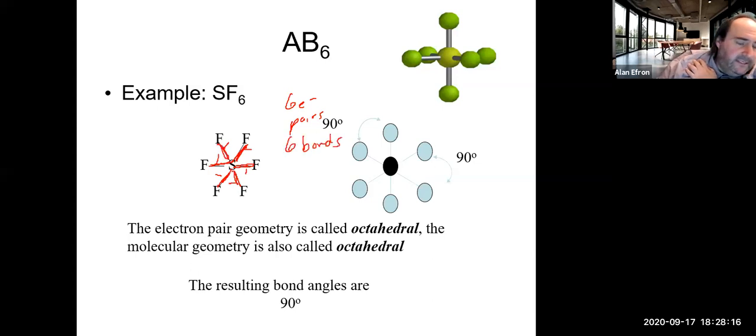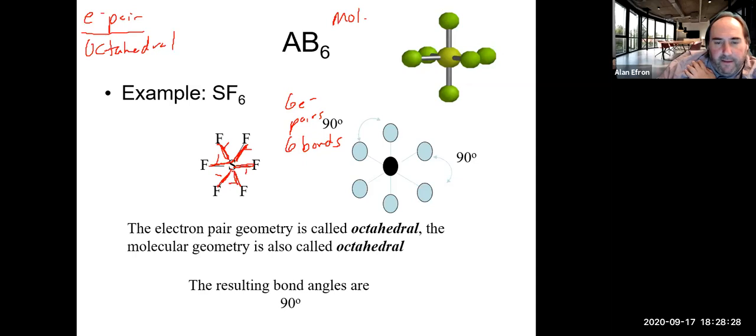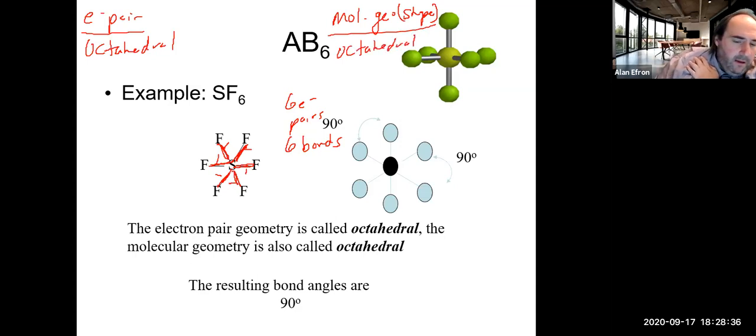So something with 6 electron pairs, the electron pair geometry is known as octahedral. And the molecular geometry, or shape, is also going to be known as octahedral. It has a bond angle of 90 degrees.